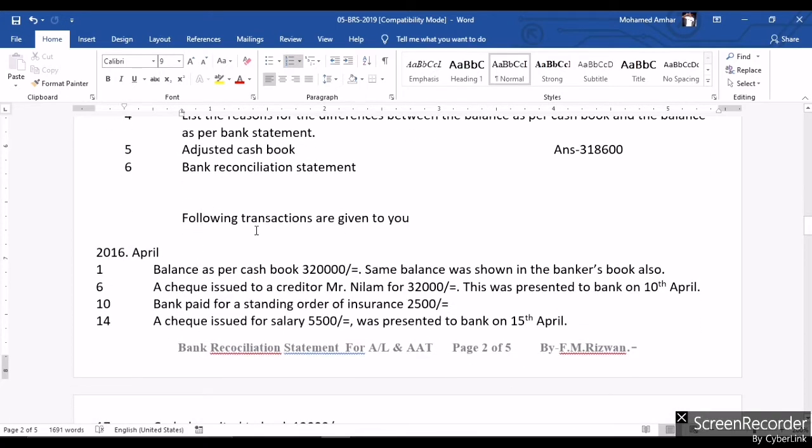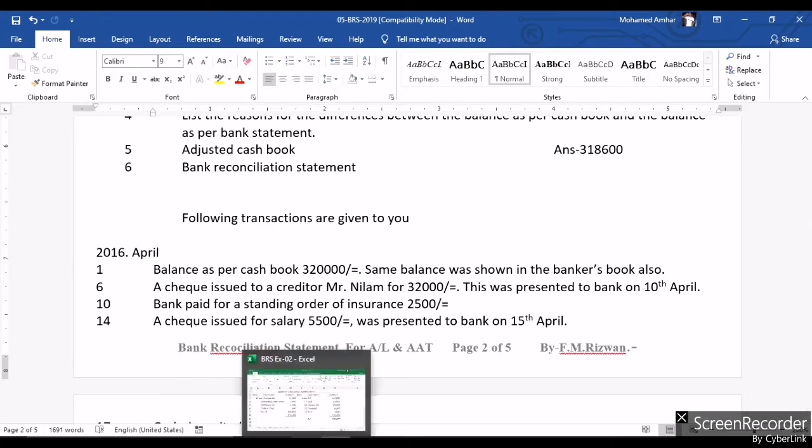Now the following transactions are given to you. 2016 April 1, balance as per cash book 320,000. So you have to put this balance in the cash book.